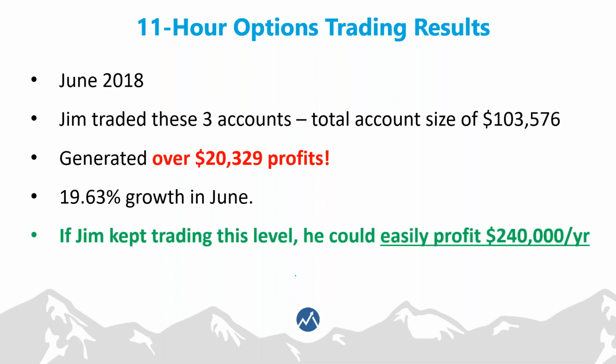And if Jim just kept trading the same number of contracts, the same number of spreads, he could sustain an income stream in his trading of $240,000 per year. $250,000, not changing anything.